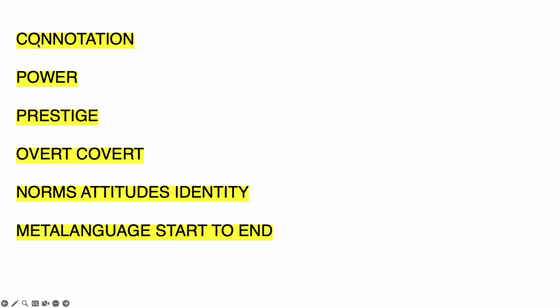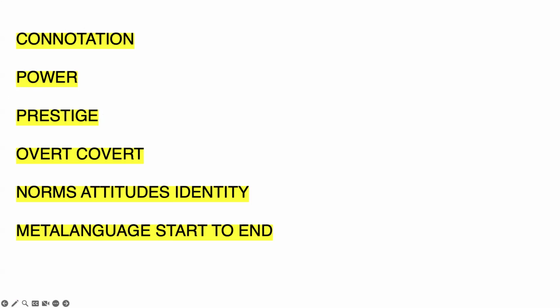Now, connotation is the ideas that are communicated through a certain style or use of language. Power and prestige have something to do with status and credibility and respect in society. Overt and covert: on the outside, on the inside, in public settings, in private settings, respectively.